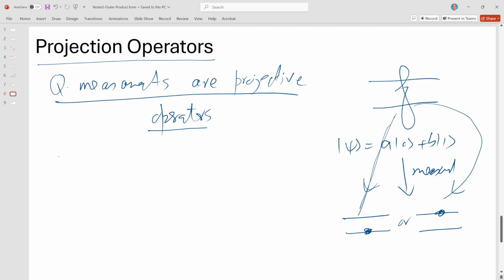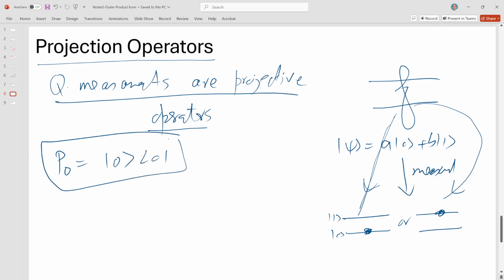For example, the operator to project to state 0 can be written like this, because whatever state it applies to, it always projects it to state 0 with some coefficient.